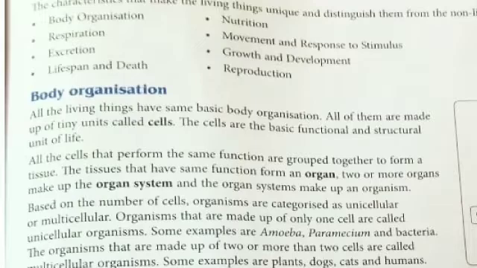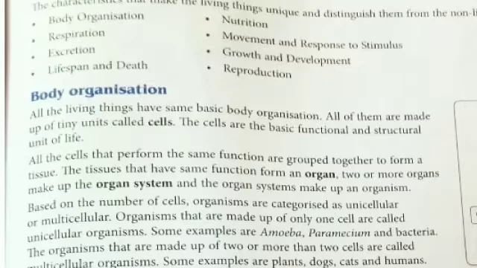Or in other words, a group of similar structure and similar function forms what is called a tissue. Means many cells of similar structure doing similar function make tissue.